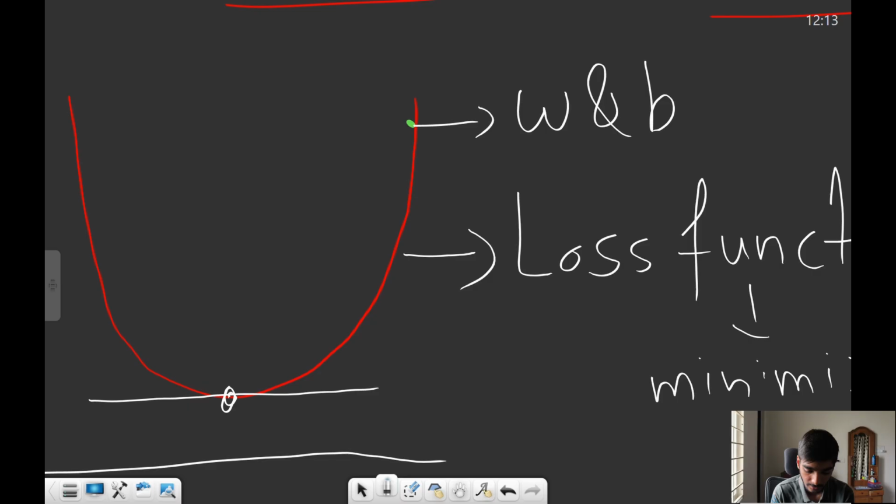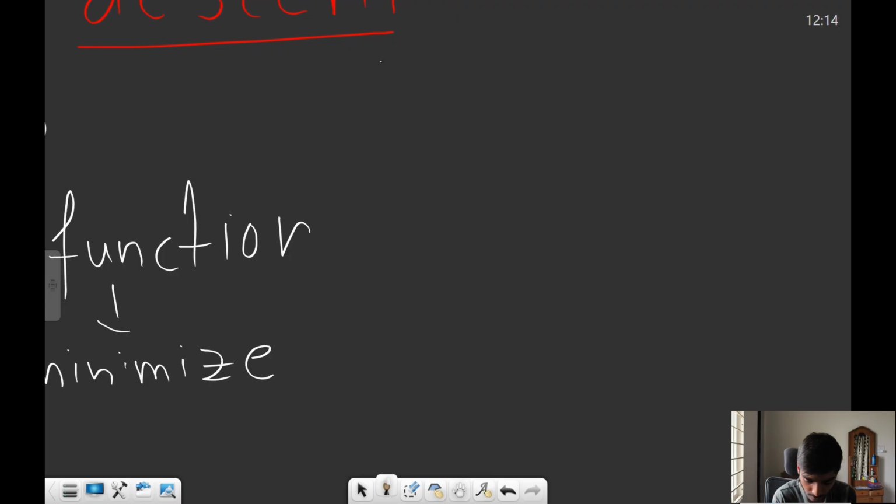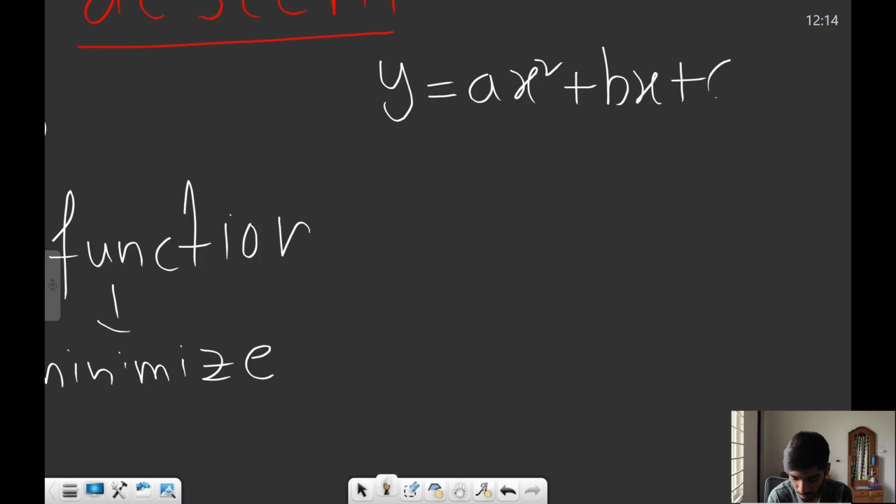In gradient descent, we first find the slope at this point on the curve, using derivatives. For example, consider the equation y equals ax squared plus bx plus c. How do we find the slope of this line?